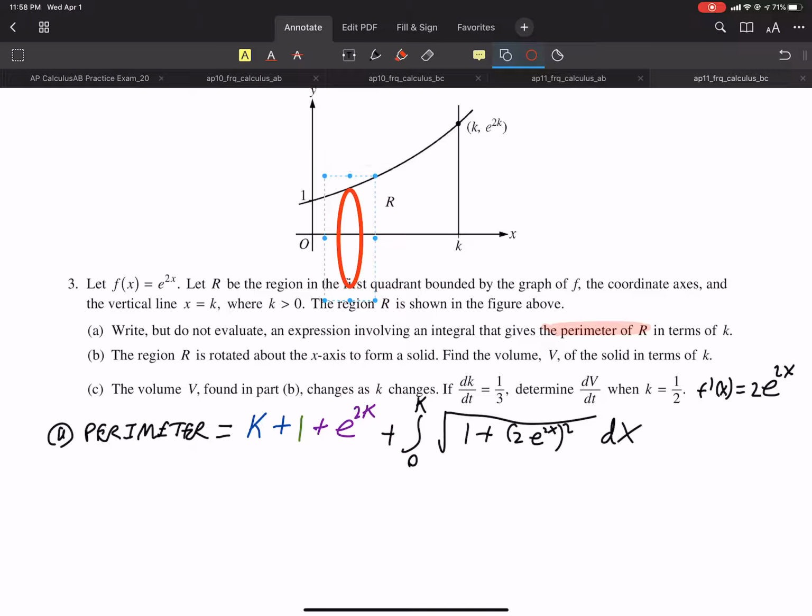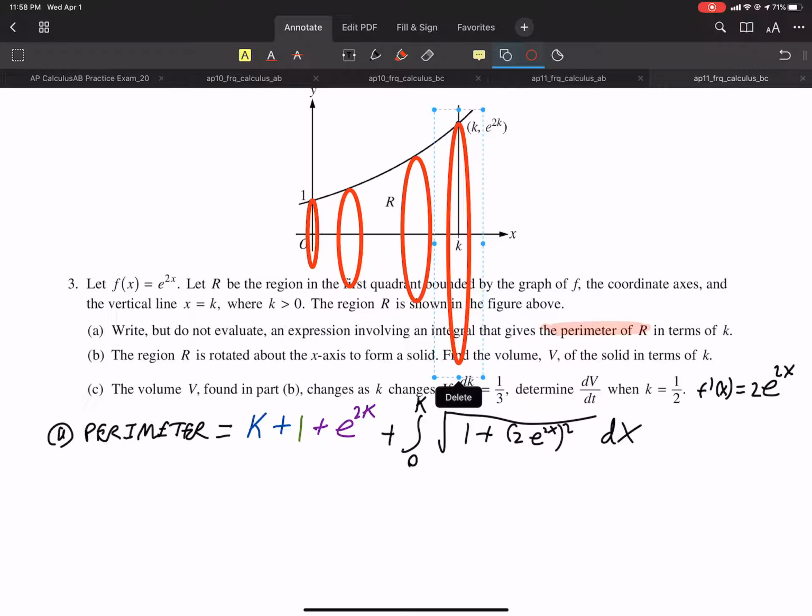So we're getting a bunch of circles. And the first one is right there. And the last one is going to be right there.